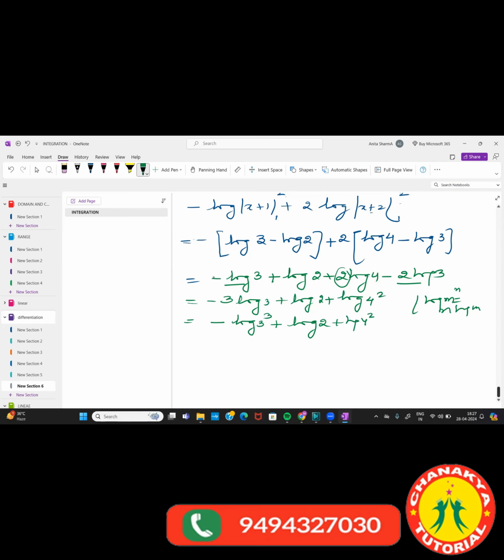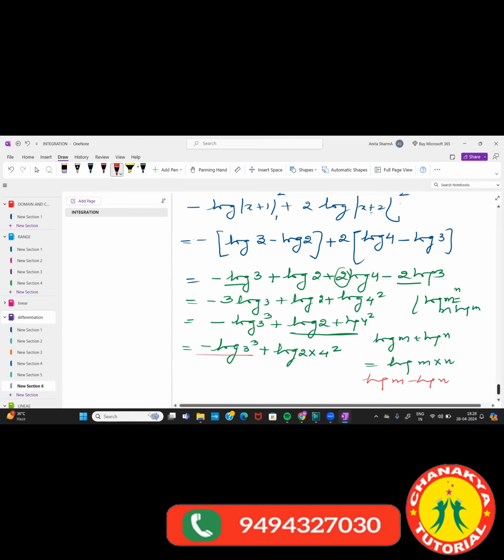Now see beta, when these two are in addition, log m plus log n, it means they are in multiplication. Yes, ma'am. So you will write minus log 3 raised to the power 3 plus log 2 into 4 raised to the power 2. Can I write like this? Yes. Now this is in minus, so log m minus log n, you can write log m upon n.